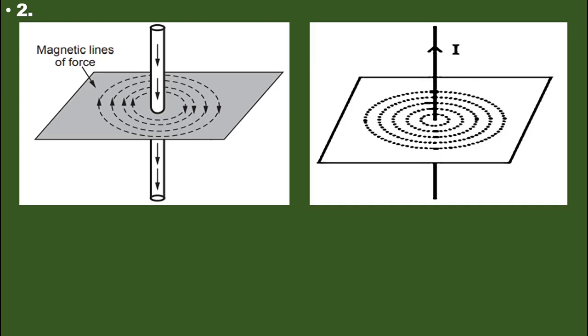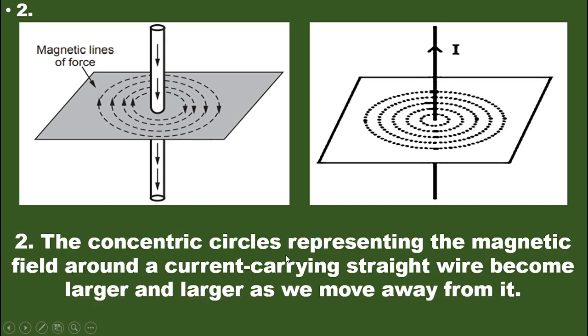Second property. Here you see this is the current carrying conductor, and here there are many magnetic field lines in the form of circles. These circles are called concentric circles. These circles become larger and larger as we move away from this current carrying straight conductor.